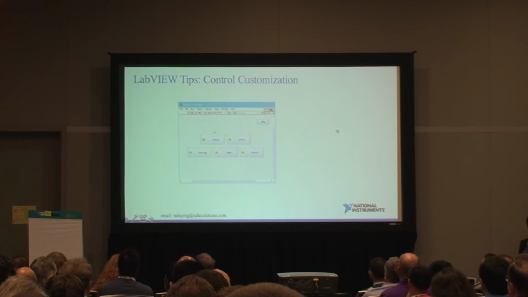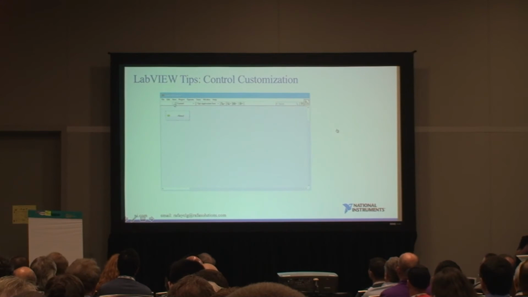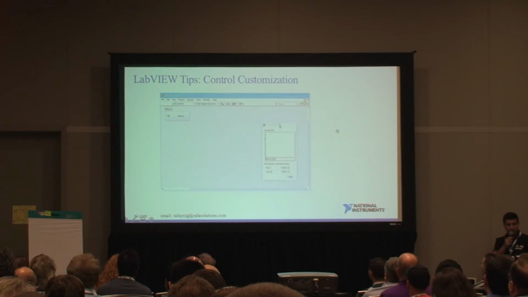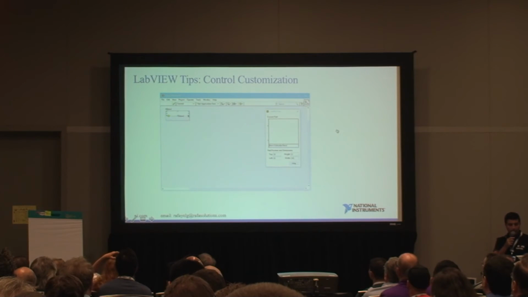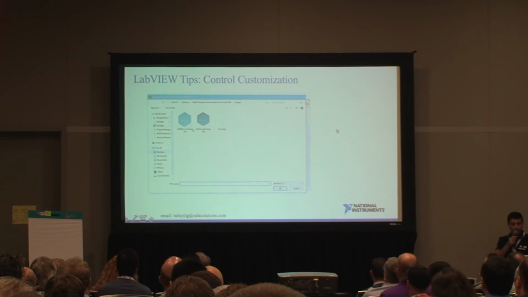Okay, so here you can see these 5 buttons: about, home, settings, and other buttons. Basically in the video you can see how it is being customized. It's opening the type def customization screen, and every button in LabVIEW, actually in every application, not only LabVIEW, has different states.